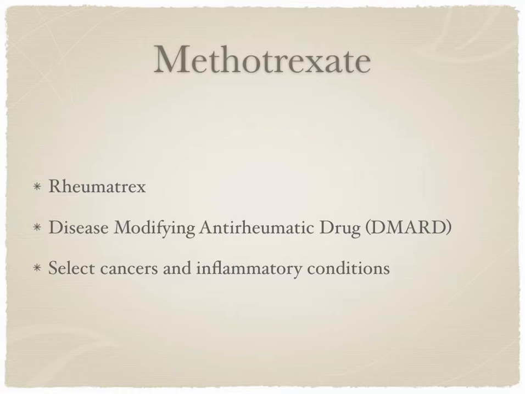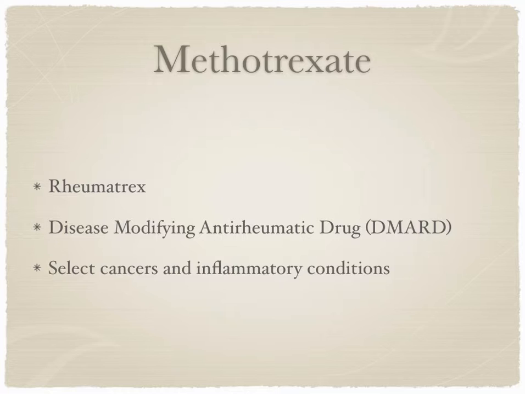So methotrexate, it has brand name Rheumatrex. It is considered one of the disease-modifying anti-rheumatic drugs, or we often call it DMARD. So these drugs in this DMARD class slow down the disease progression of rheumatoid arthritis, whereas we often use NSAIDs. Remember talking about non-steroidal anti-inflammatory drugs.